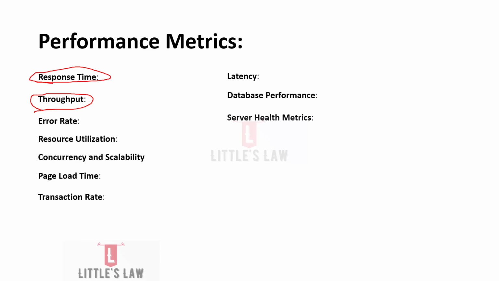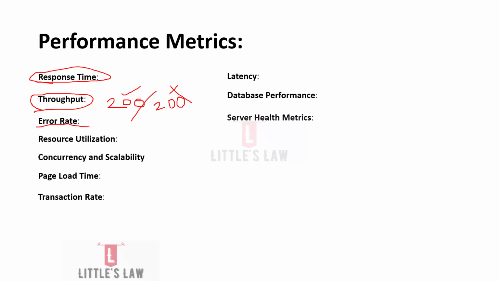For example, in this scenario, if your machine can handle up to 200 hits per second, then that is the capacity, and if it throws errors when it crosses 200 hits per second, then we can come to a conclusion that the system works fine with 200, and when it crosses 200 the system cannot handle the load. So in this way the throughput is very critical when it comes to performance metrics.